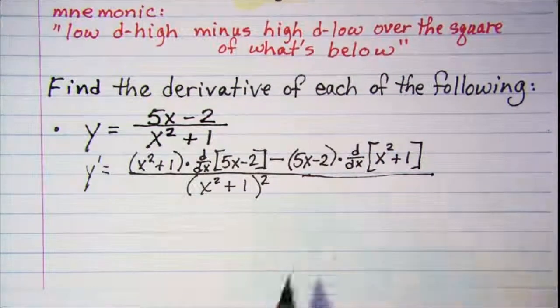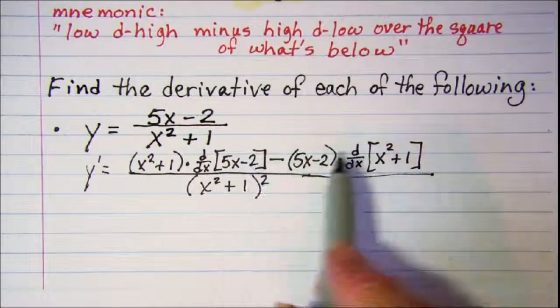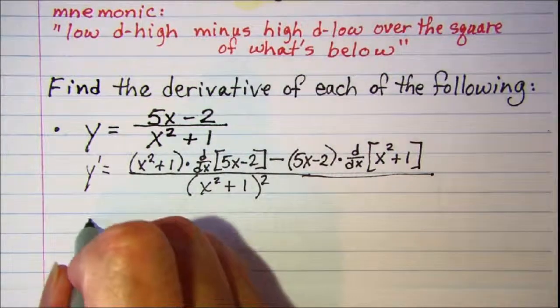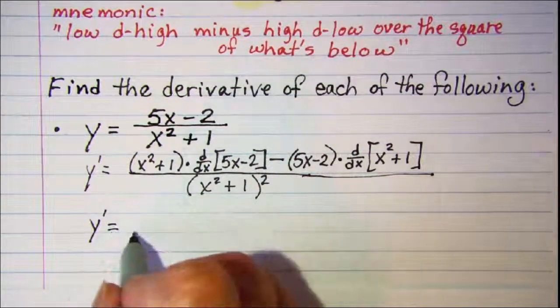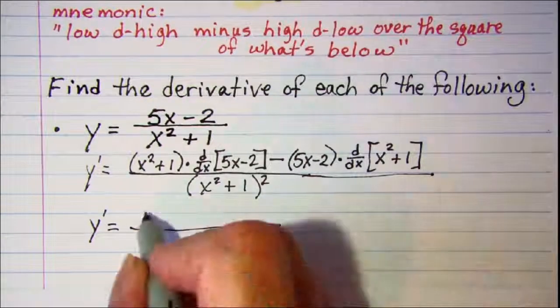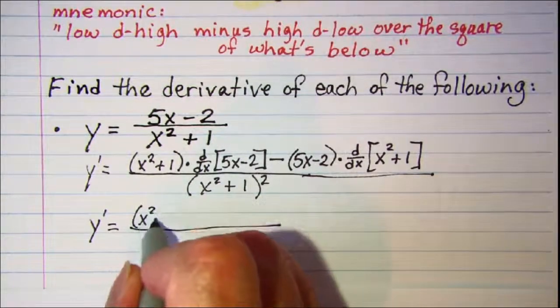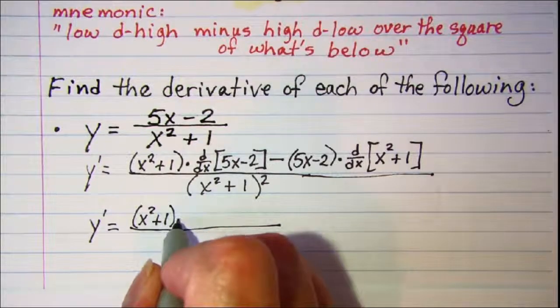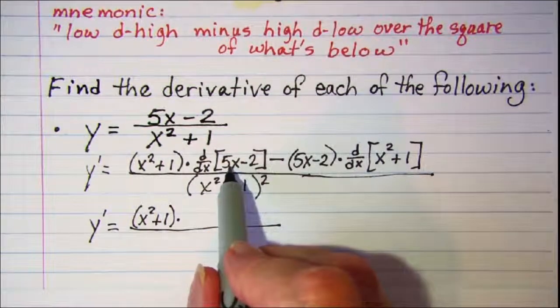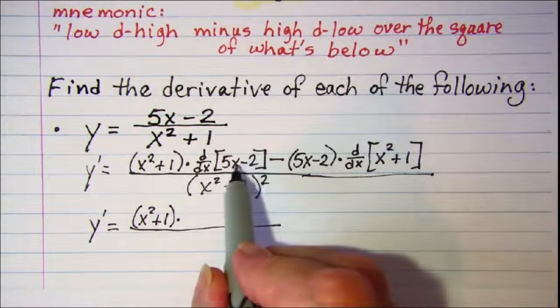So now we just need to do the derivatives here and then simplify. So y prime is equal to x squared plus 1 times, and then the derivative of 5x minus 2 is just 5.